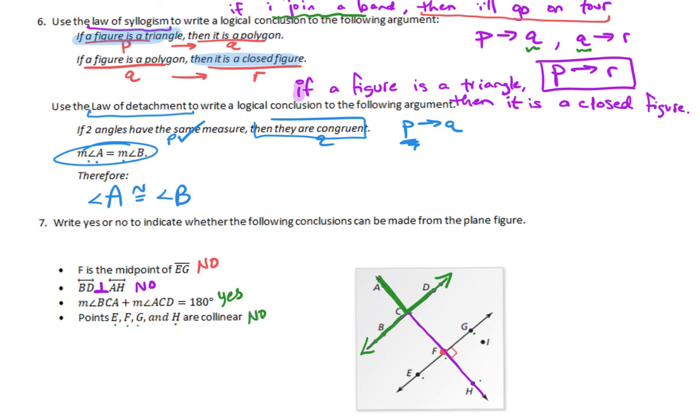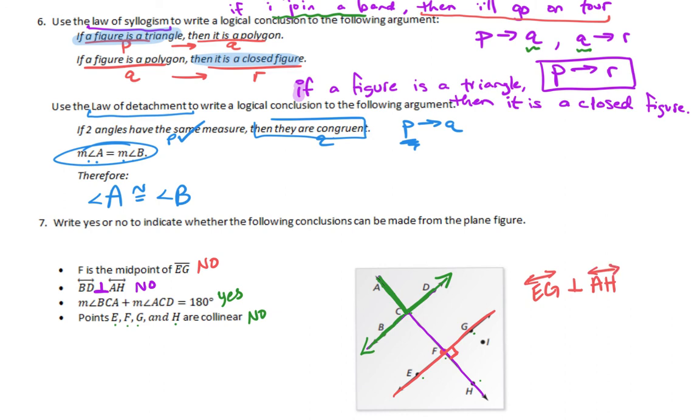All right. So a couple of things could have been added to this figure. We could have talked about the fact that line EG was perpendicular to line AH. They didn't ask about it, but it's true.